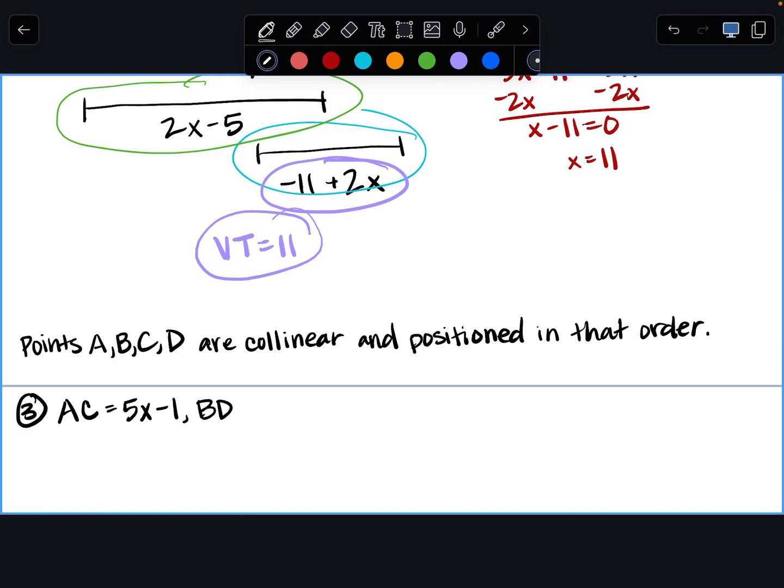Okay, so if AC equals 5x minus 1, BD equals 6x plus 2, AB equals x plus 1, and CD equals 10, find BD.